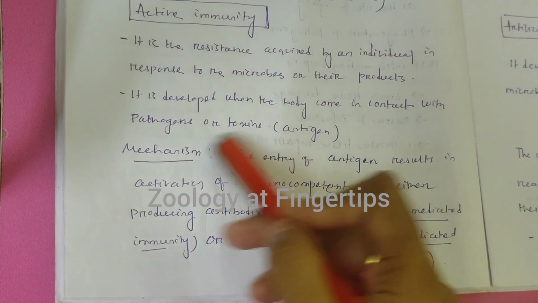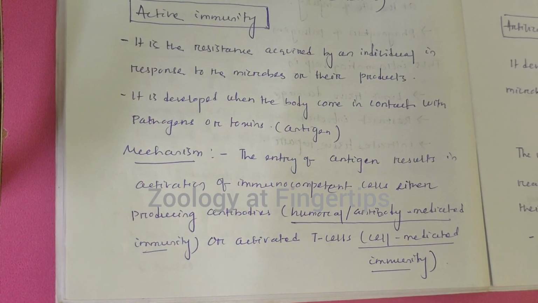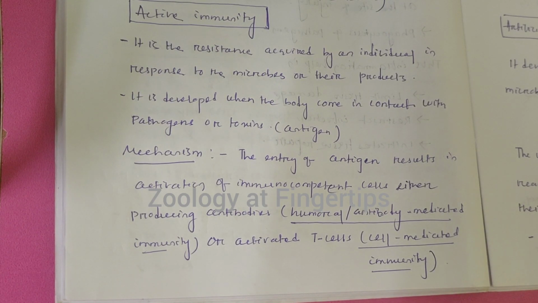The mechanism of active adaptive immunity is the entry of antigen resulting in activation of various immunocompetent cells, like plasma cells which produce antibody, and activating T cells. When antibodies are involved in the immune system, we call it humoral or antibody mediated immunity. When T cells are involved in our immunity, then we call it cell mediated immunity.